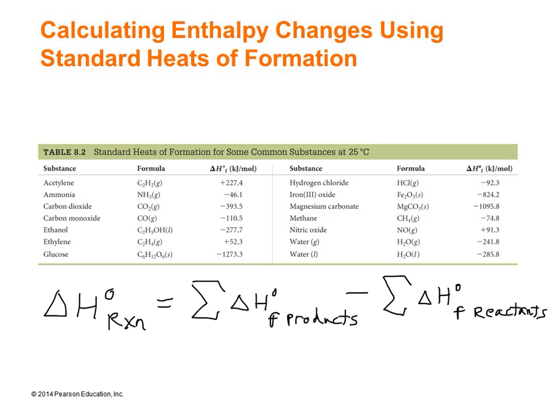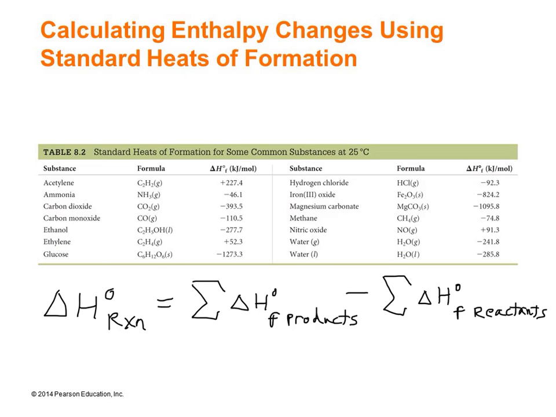Using this formula, which is basically a restatement of Hess's law, we can calculate the change in enthalpy of any reaction as long as we know the enthalpy of formations of its products and of its reactants. And therefore, there are tables and tables of enthalpies of formation.